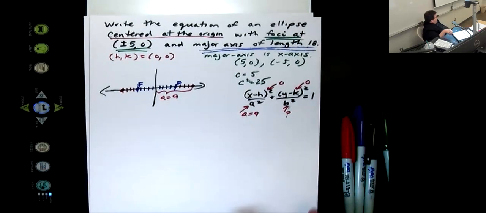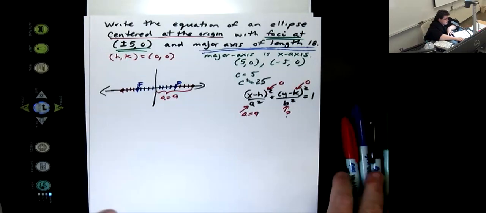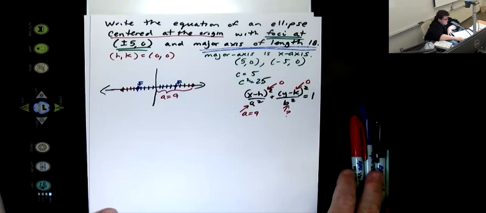How can we find B? We could pick a point on there and solve for it, but we don't have the rest of the ellipse, so I can't use other points other than the vertices.